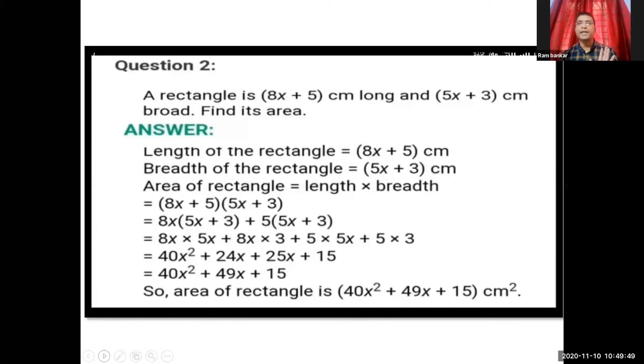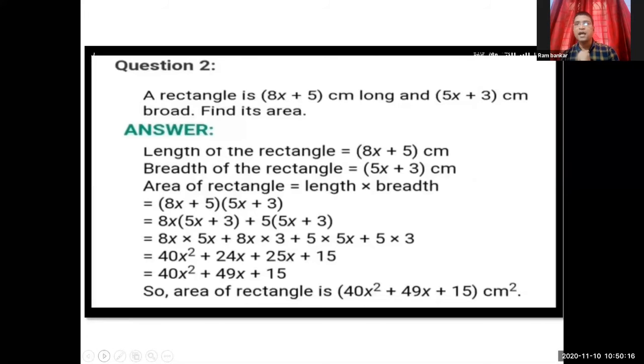So solve this bracket. 8x into 5x. Now we will take one by one. Okay, 8x into 5x, how much? 8 5s are 40 x square. 8 5s are 40. Everybody knows the table of 8. Okay, if you do not, then learn the tables. 8 5s are 40. X into x, x square. So the next, plus 8x into 3.